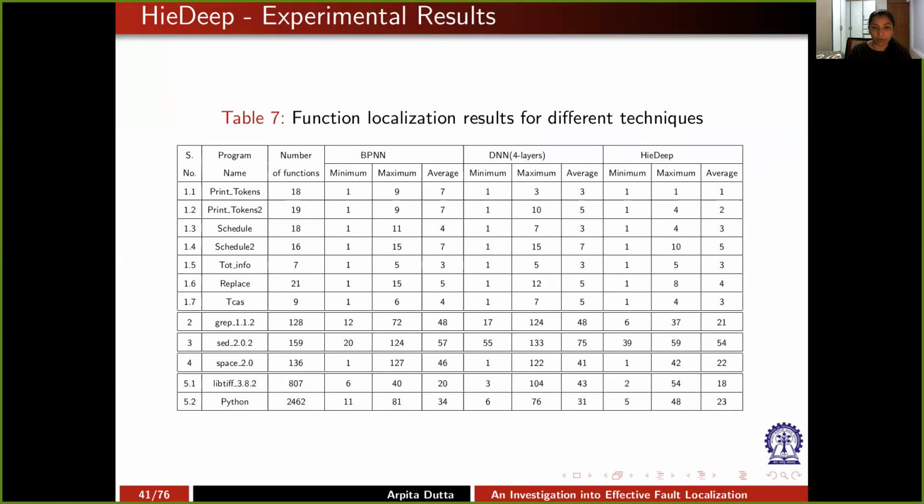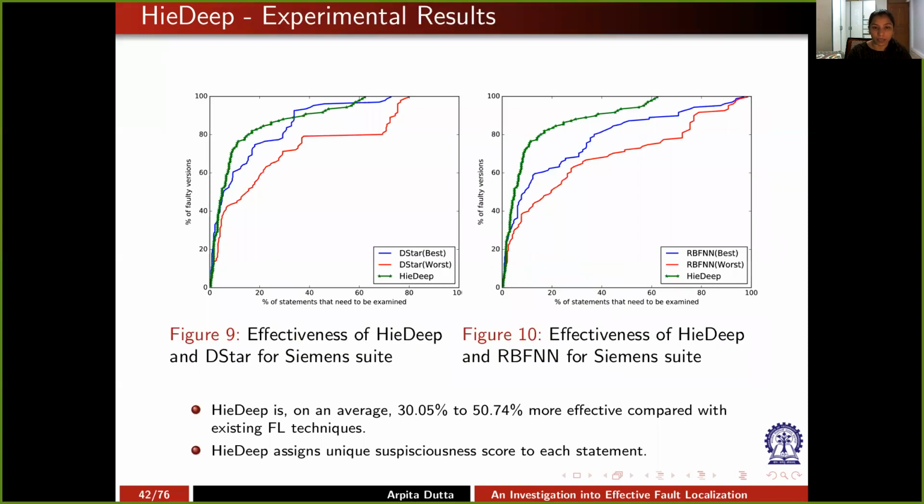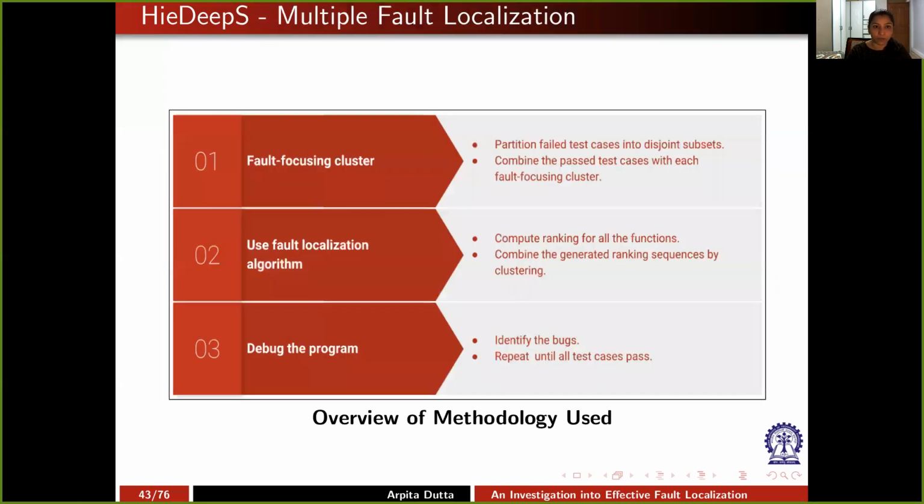And this is the result using BPN and DNN and other techniques. This is our final result, where we can observe that our method is 30% to 50% more effective as compared to existing techniques, and that our proposed hierarchical deep neural network based method assigns a unique suspiciousness score to each of the statements.